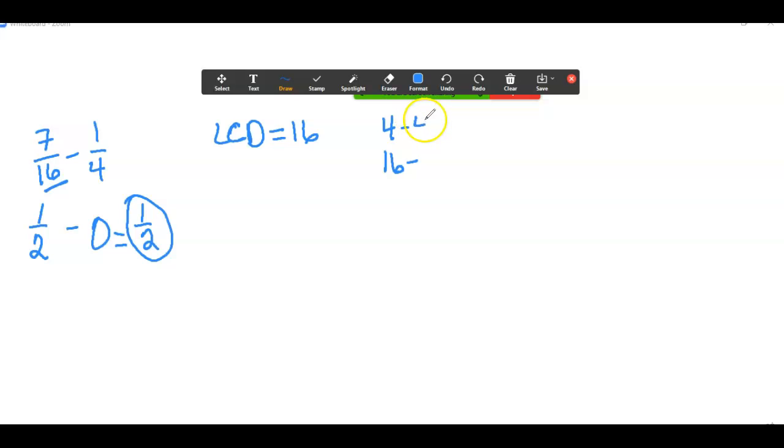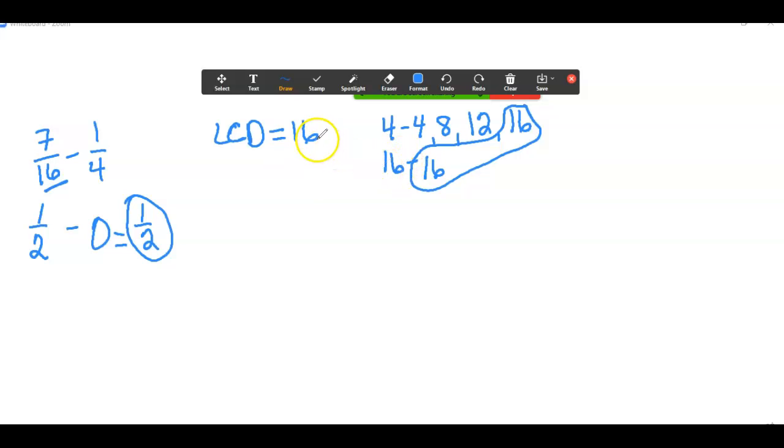So it would be 4, 8, 12, 16. The first multiple of 16 would be 16. So we were correct. You always want to be looking to see, can one of those go into the other? Because it actually creates less work for you if you look for that.